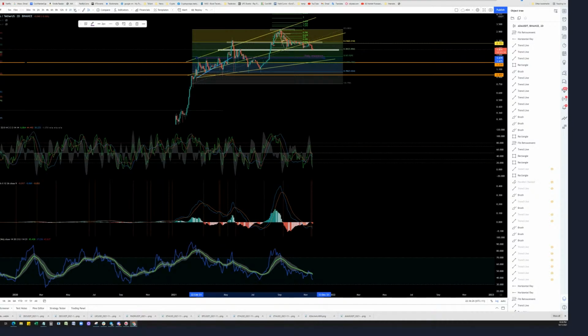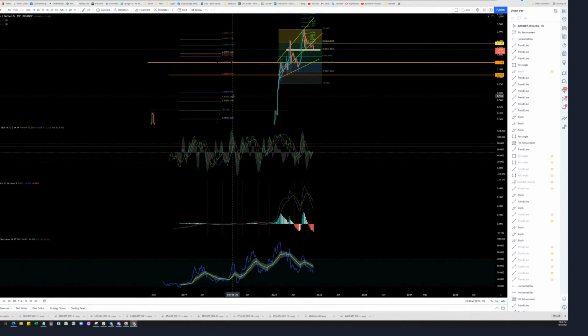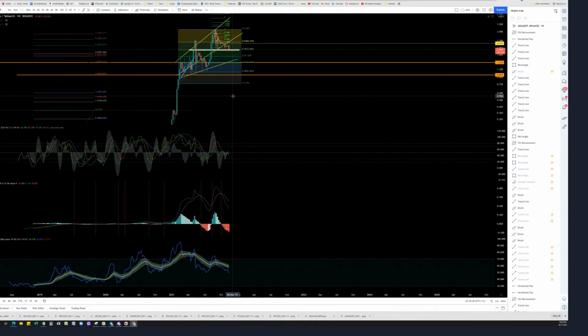And let's see on the weekly. Even the weekly is a bit sideways, but yeah, you can see the weekly doesn't look good, to tell the truth.